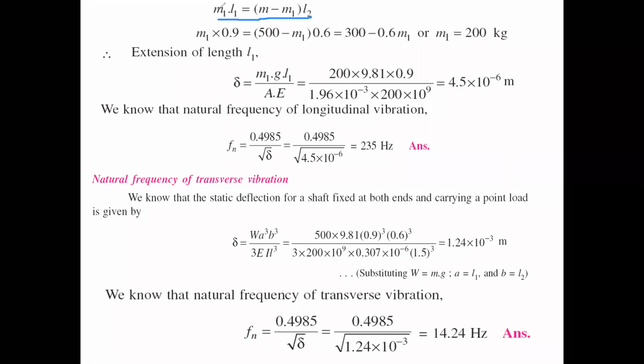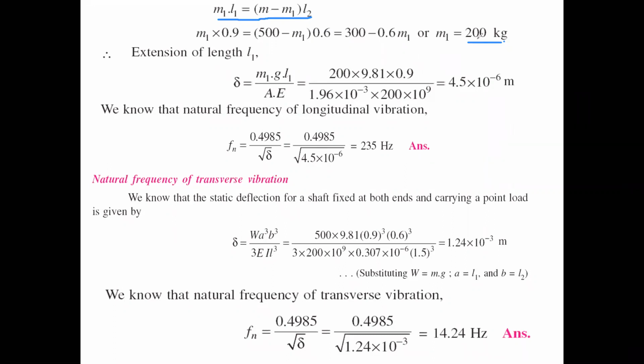So m1 into l is 0.9, m is the total mass of the flywheel, 500, minus m1 into 0.6, where l2 is 0.6. Solving the equation, the value will come nearly m1 is 200 kg.